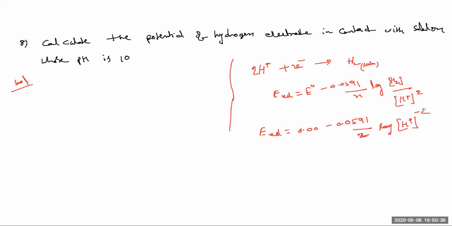Here log of A power x, minus 2 comes out. It becomes minus 0.0591 by 2 into 2 into minus log of H plus ion concentration. You know minus log of H plus ion concentration is pH. The 2 cancel, then it becomes minus 0.0591 into pH.